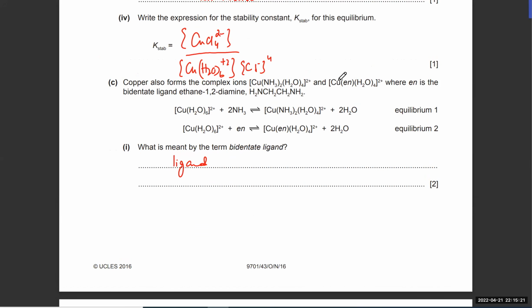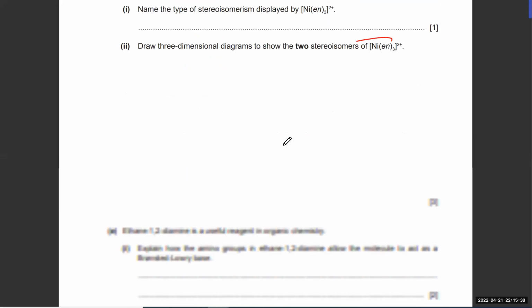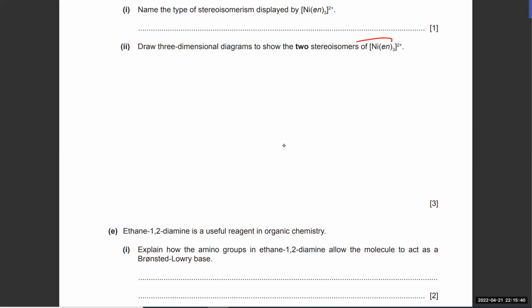En is this diamine. It's a bidentate ligand. So remember, you have to remember this exact example and know how to draw it. Stereoisomerism happens in bidentate complexes.